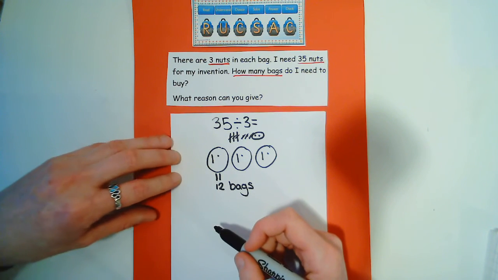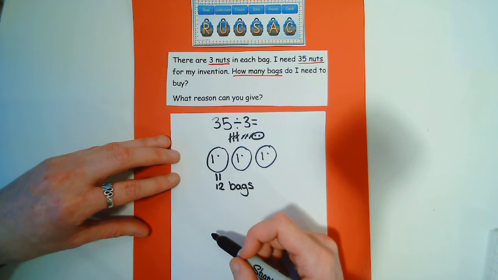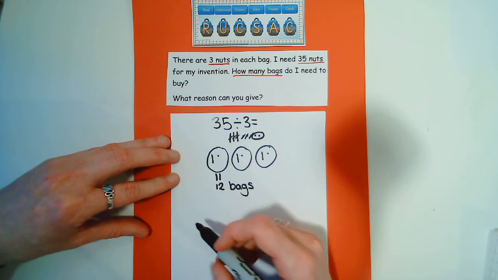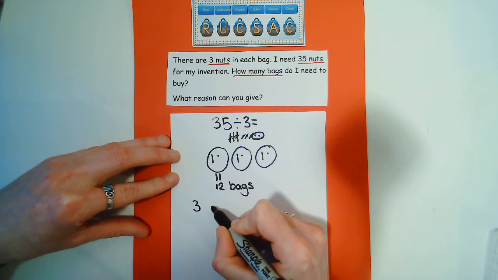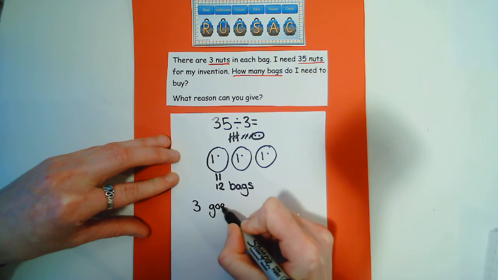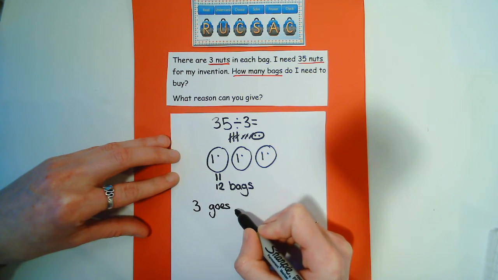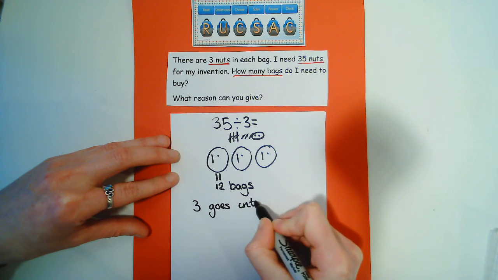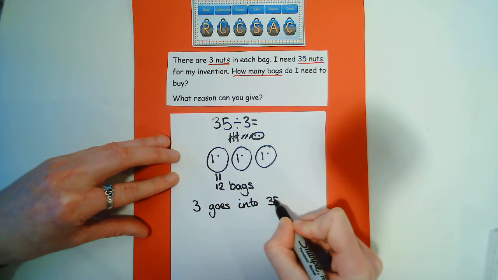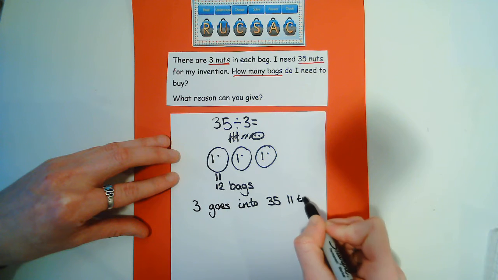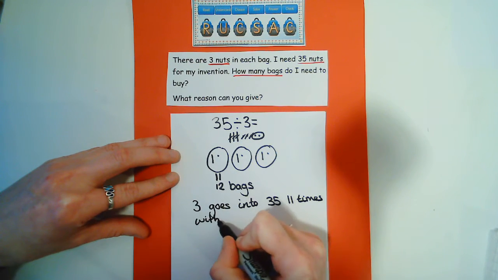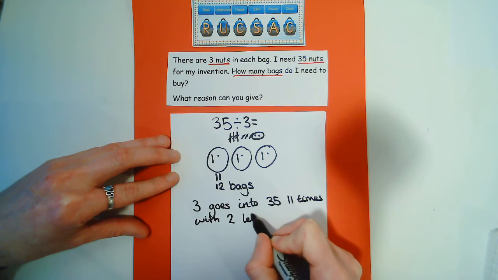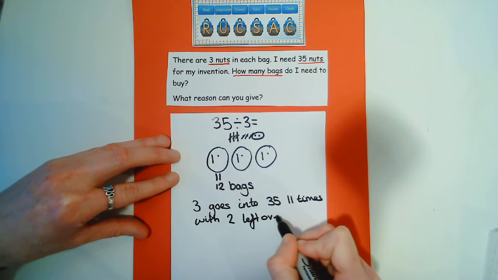So now we need to explain our answer. Yeah, so we could write something like this. 3 goes into 35 11 times with 2 left over.